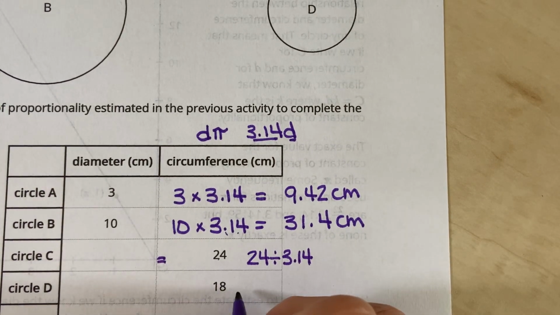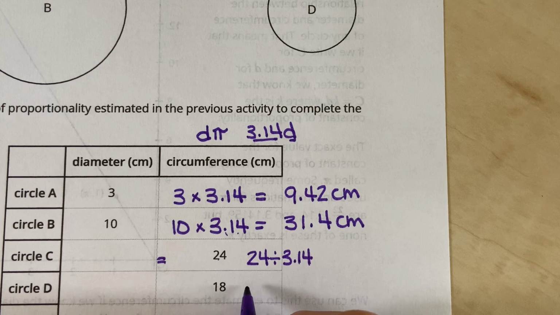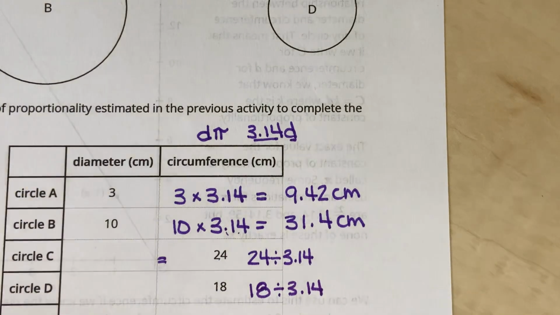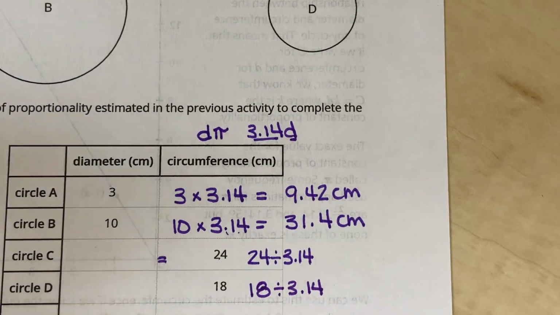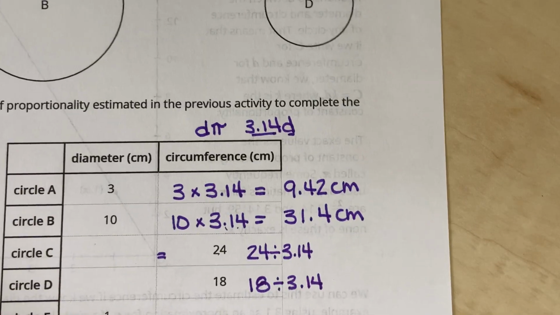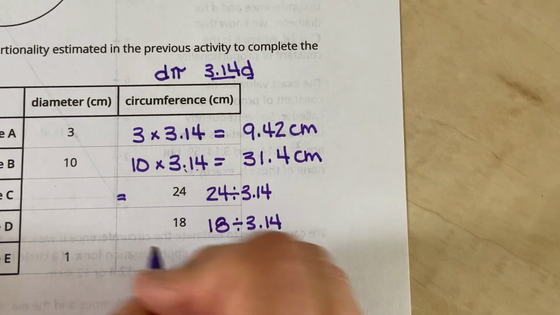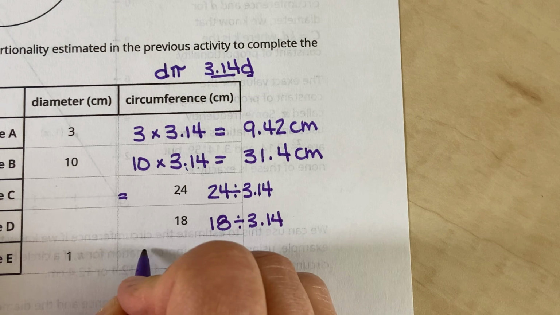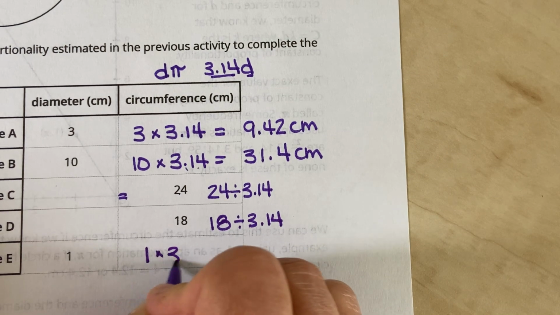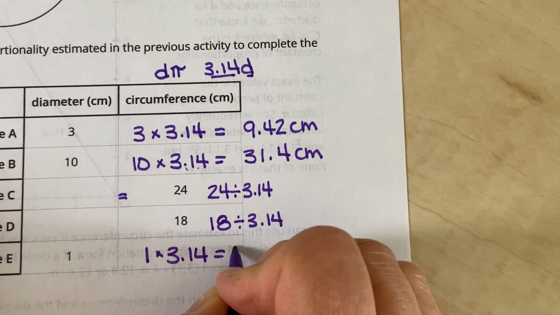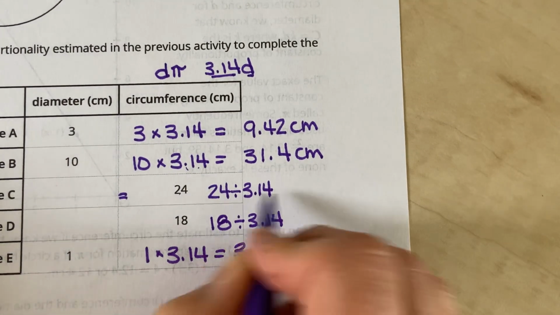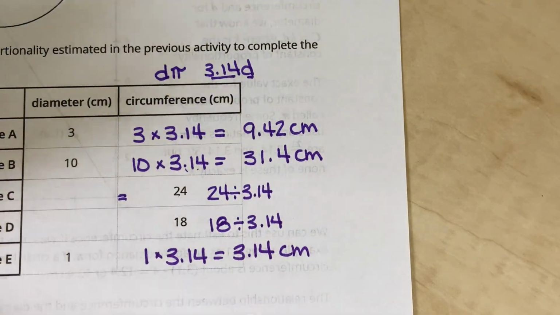So for this one, I know the circumference, so I would do 18 divided by 3.14 to get the diameter. Now in circle E, it's telling me that the diameter is 1. So this is diameter times pi, so 1 times 3.14 gives me 3.14 centimeters. Now these I would just have to divide out, and I would do them on a calculator.